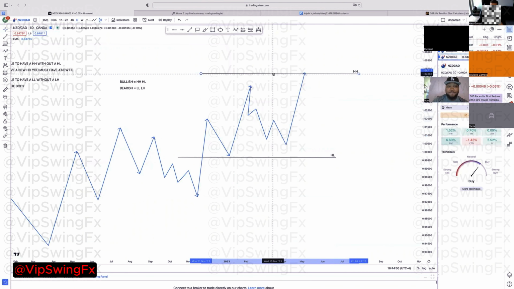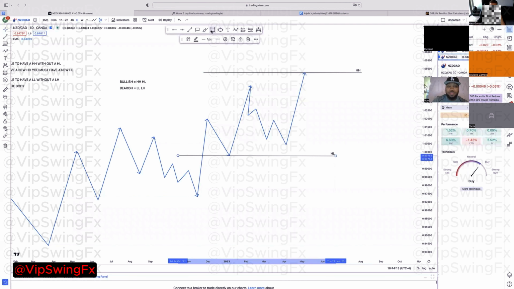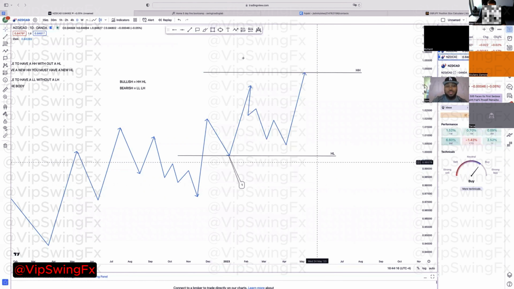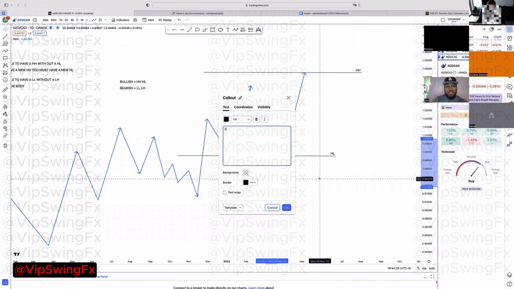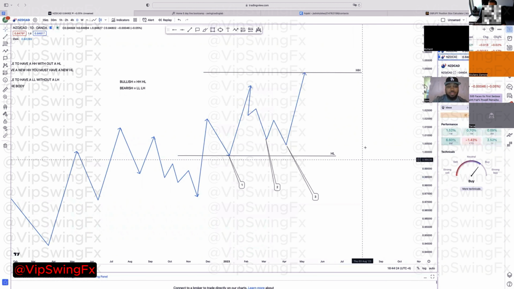So we move this as the higher high. Now, does the higher low go to point 1, 2, or 3? One, two, or 3?